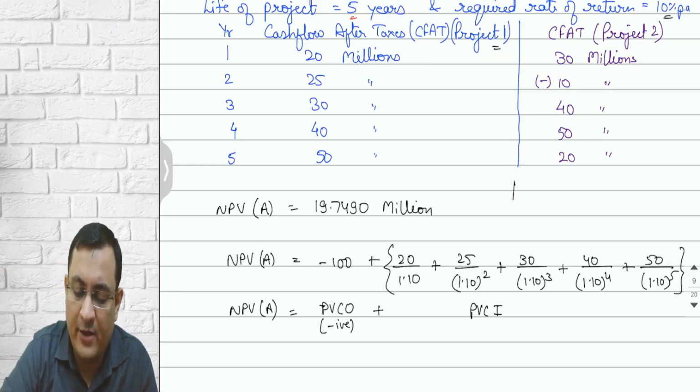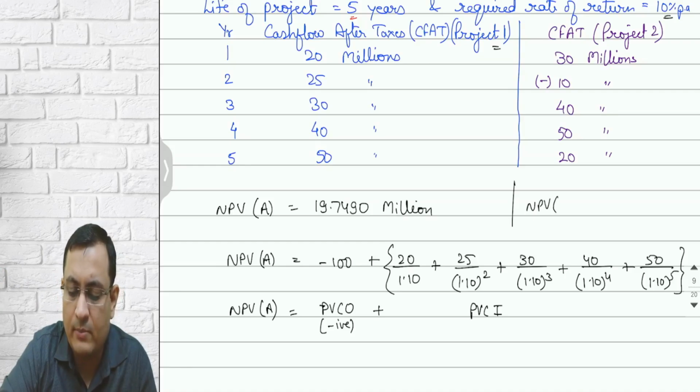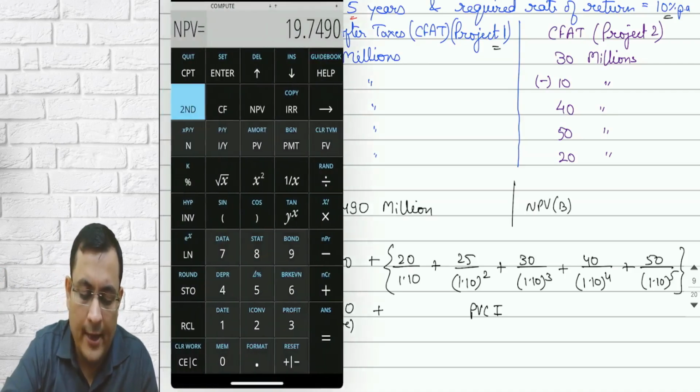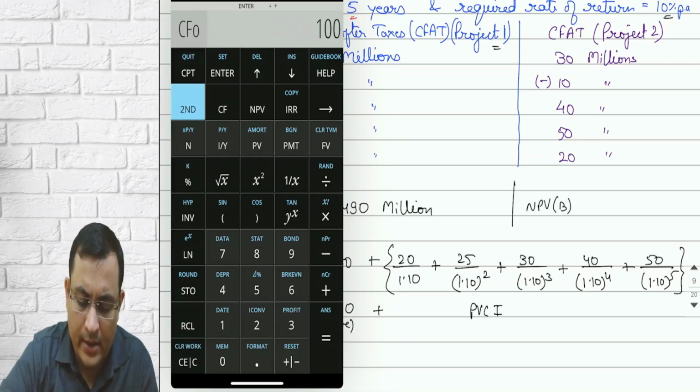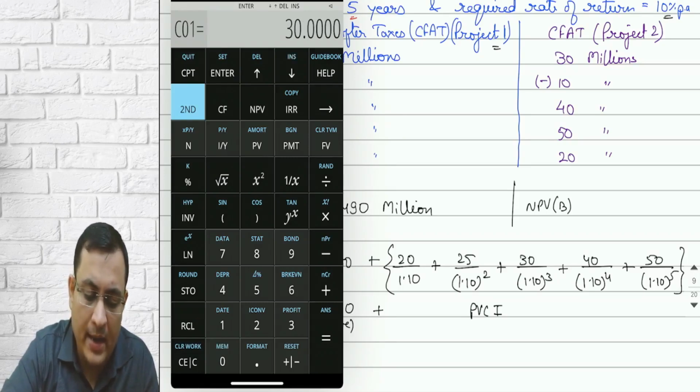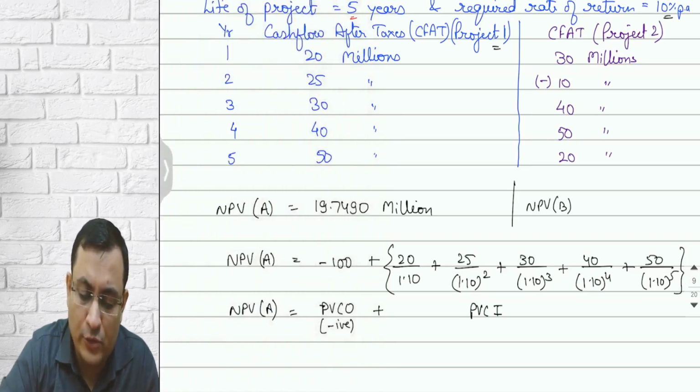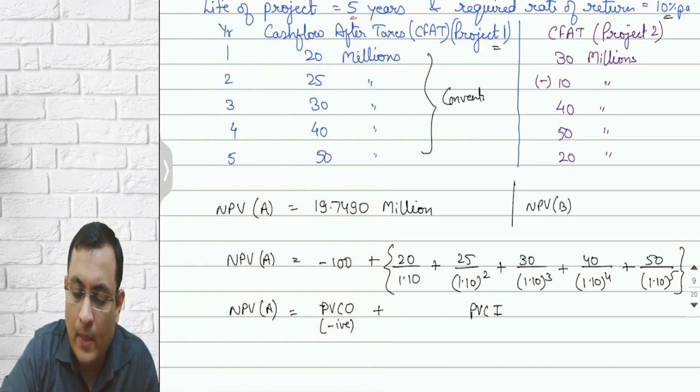Let's go for the same way calculation of NPV for B. Again, second CF, second 0. You have to clear cash flow. 100 negative. CF1 is 30. So why have I taken these two cash flows? If you say this pattern is conventional and this pattern is non-conventional or unconventional.